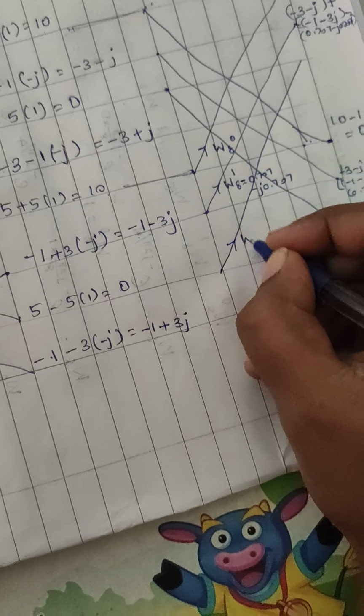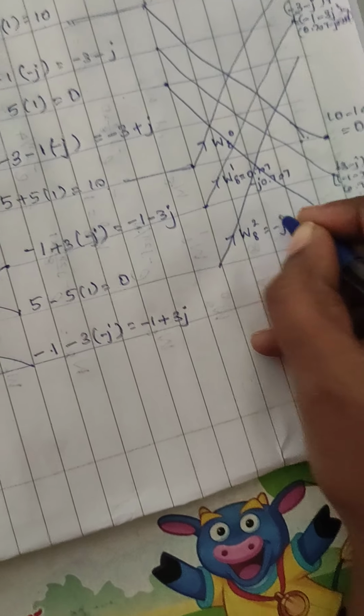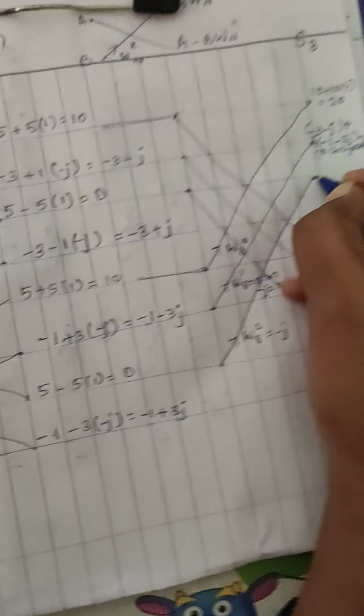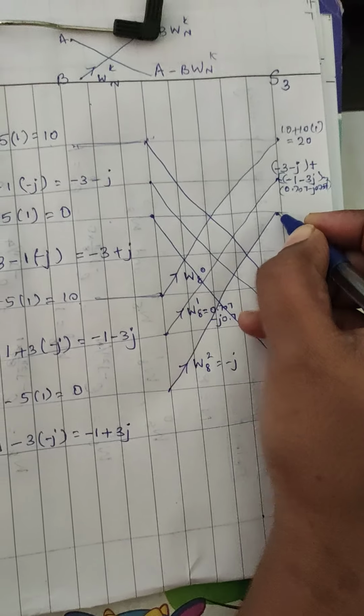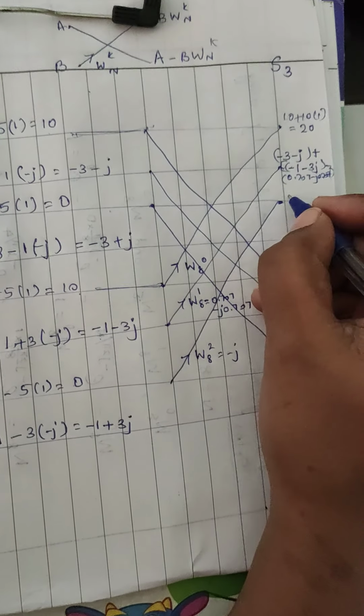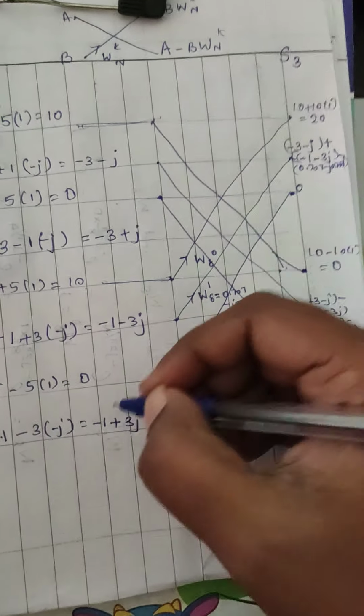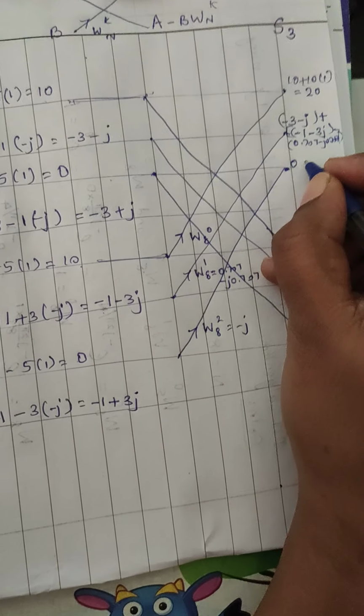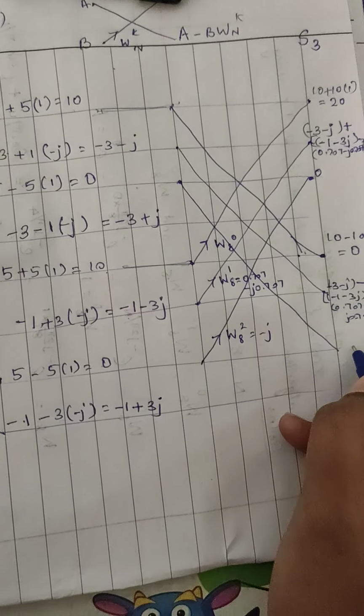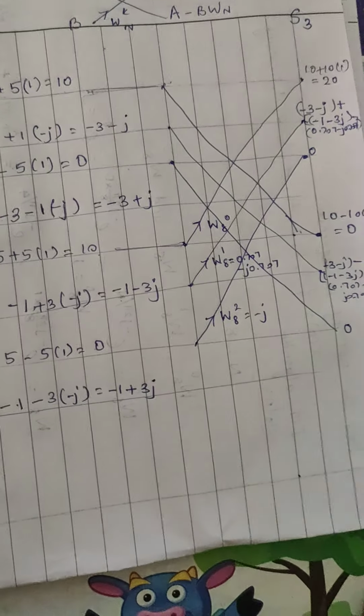Here the twiddle factor is W8 power 2, which is minus j. The corresponding a is 0, and here also the input is 0. So everything will become 0 here. Similarly, here also it will become 0.